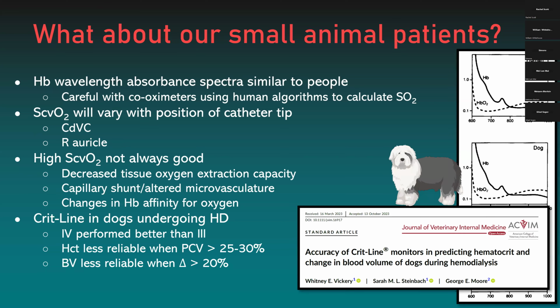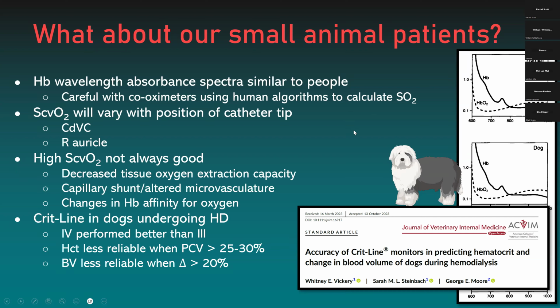When the PCV got over 25% for the Crit-Line 3 or over 30% for the Crit-Line 4, the readings were slightly less reliable, but I guess we can always check a PCV manually if we want to. And certainly it didn't seem that the readings were clinically significant. Also, the blood volume change becomes less reliable when you've had a change of greater than 20%. That's probably going to be a relative minority of our patients, depending on what we're doing, but certainly something to bear in mind.